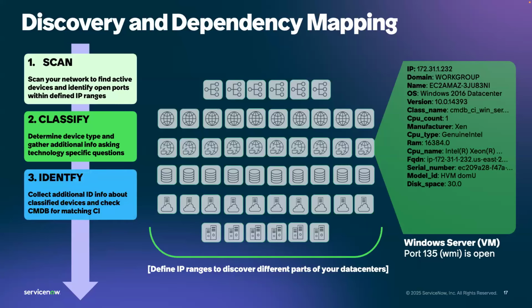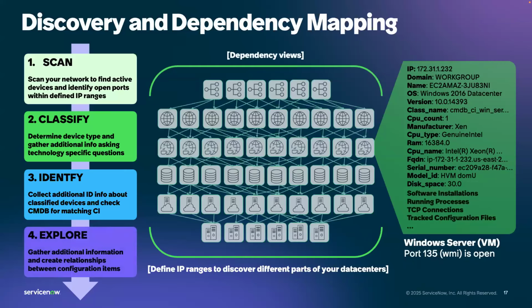We can go and identify that, do we already have that record in the CMDB? And if so, we're just going to update the deltas, or we're going to create a new CI if we don't already have that record in there. And then we can go out and do that exploration. So we can pull down the OS details, what version, what distribution, pull in CPU, the hardware information like memory, disk, is it talking to storage servers, right?